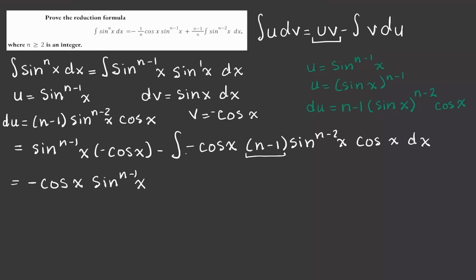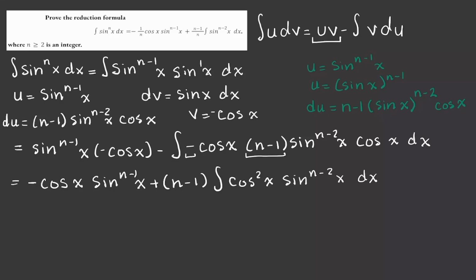So I will be pulling out the negative and the n minus 1, and I will obtain plus n minus 1 times the integral. Now I can reduce this by combining like terms. So I can multiply cosine of x and cosine of x, and I will obtain cosine squared of x times sine^(n-2) of x dx. So now here I'm not trying to evaluate the integral.